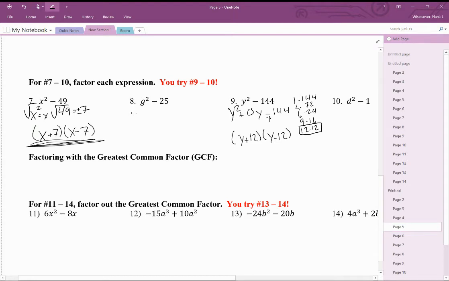So I'm going to do one more. The square root of g squared is g. Square root of 25 is 5. We're going to have a positive and a negative one, so not x, g. g plus 5, g minus 5.